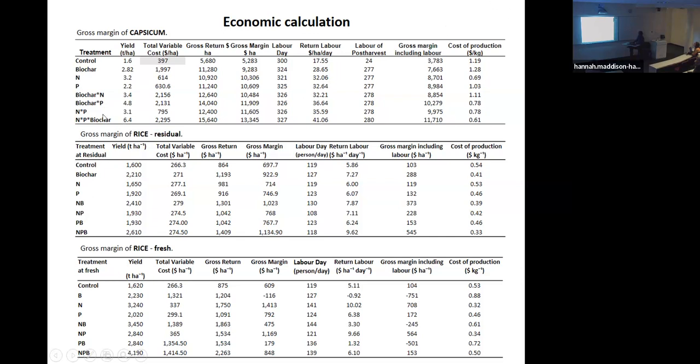So by using biochars fortified with nitrogen and phosphorus, it also reduces the cost of production.